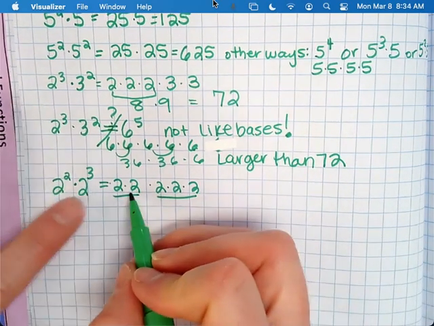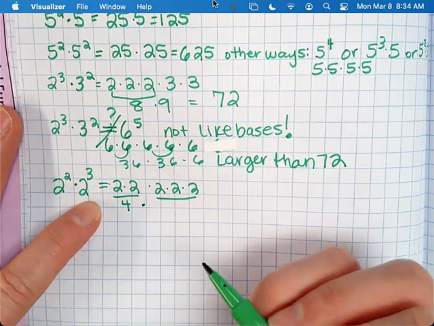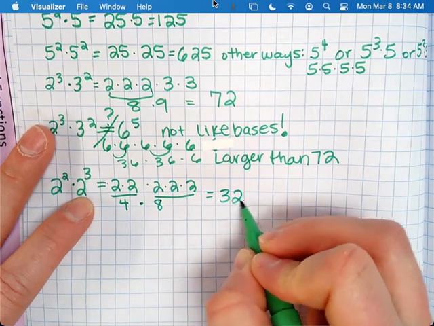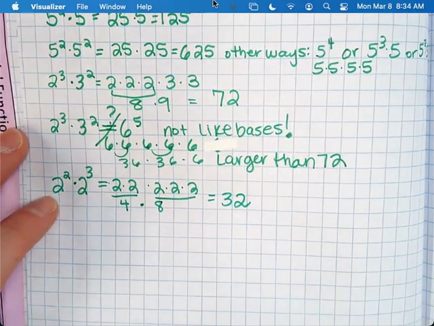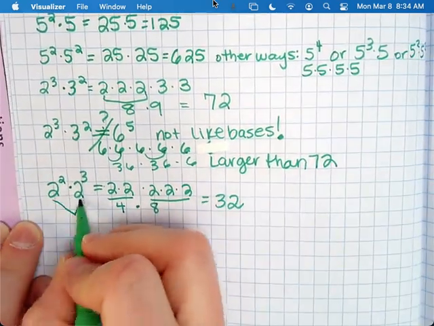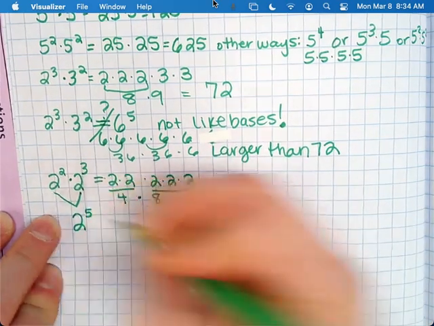So 2 squared, that equals 4. 2 cubed, 8. How could we simplify this without actually working it out? What would that be? 2 to the exponent of 5. Good.